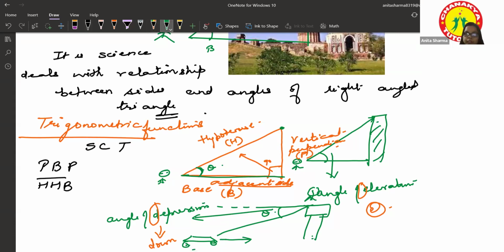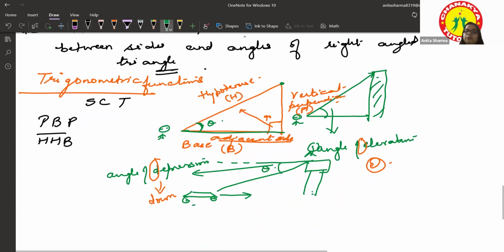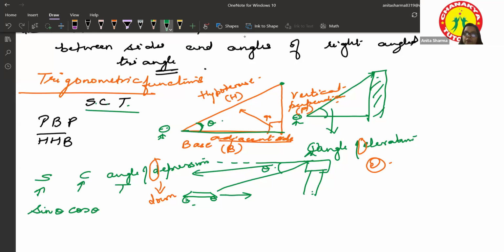The main three trigonometry functions are S, C and T. S stands for sine theta, C stands for cos theta and T stands for tan theta.